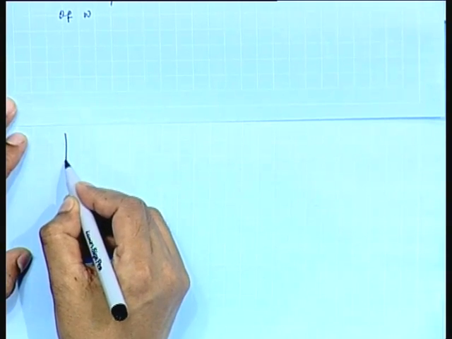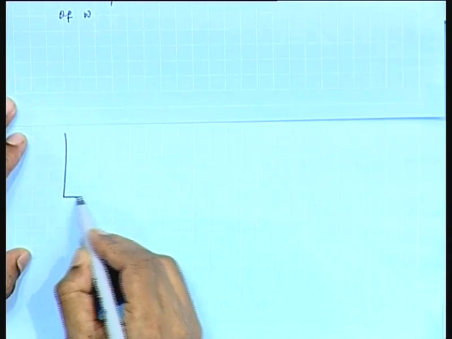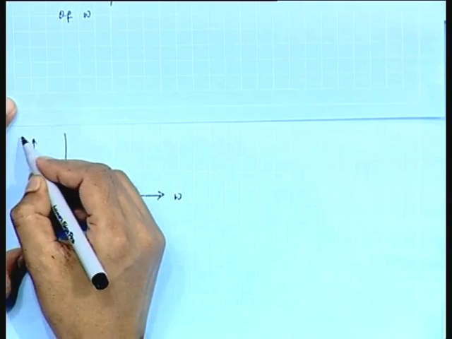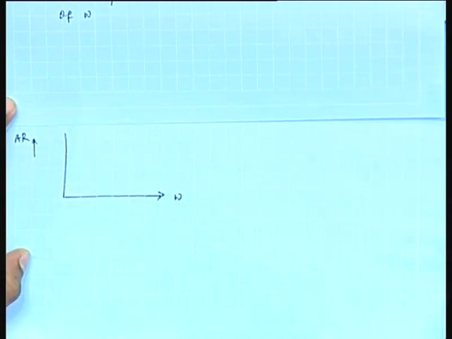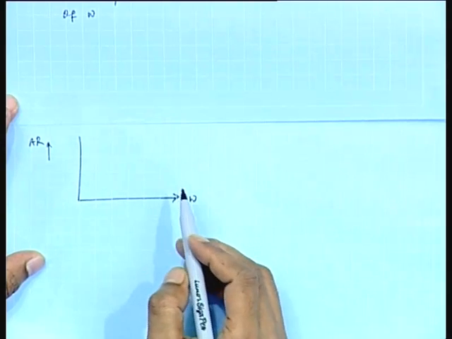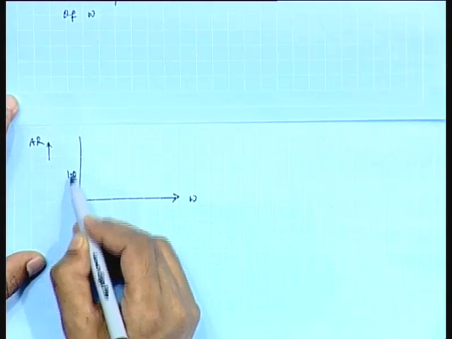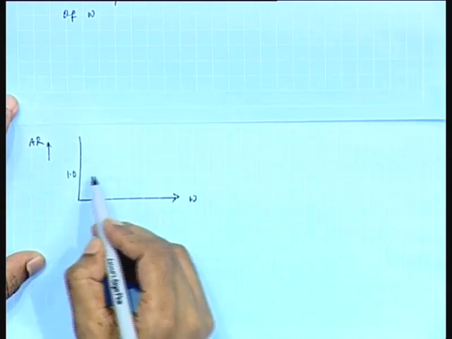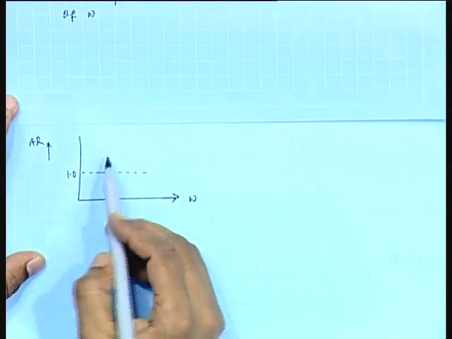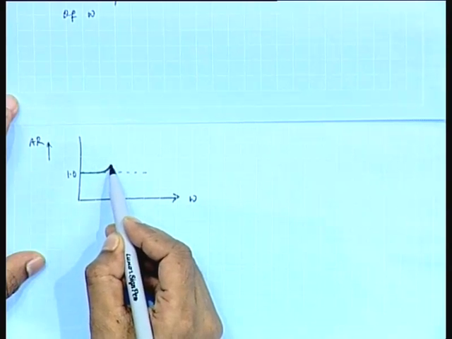And the plot looks somewhat like this. Suppose this is the amplitude ratio versus omega plot in log graph paper. Here suppose the value is 1. So, it goes like this.